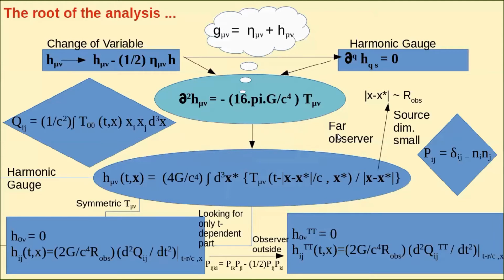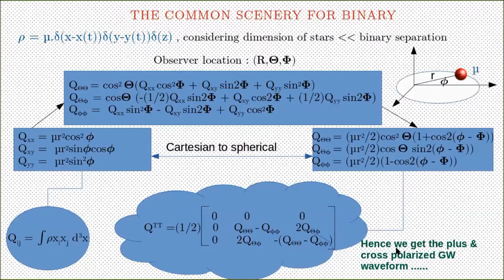Okay, so taking this as our master equation, now we can move to the specialized system, that is a binary system. So first of all, what is a binary system? A binary system is basically two masses rotating around each other under their mutual gravitational attraction.